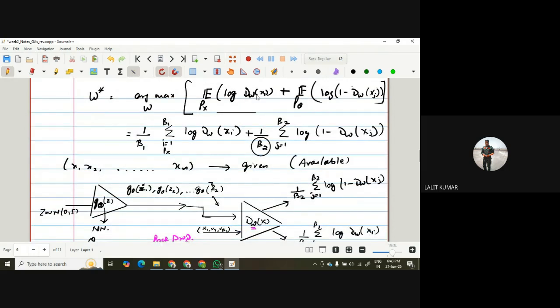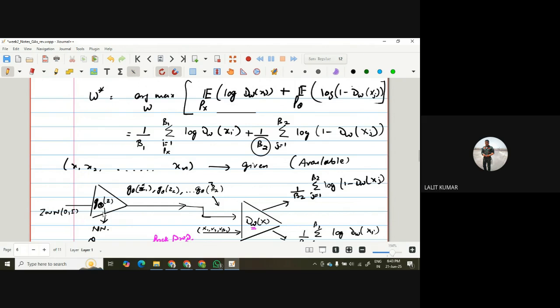From these data points we sample B1 points, and we pass them through this discriminator, and we get the expected value, which is this. And from the generator, we get 1 by B2. So for w star, what do we do? We sample first z from the normal distribution.